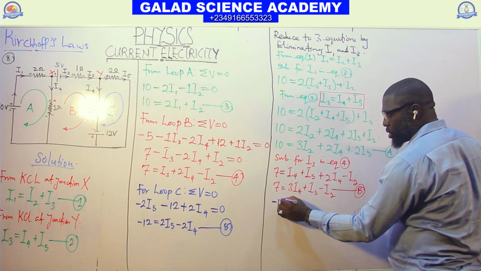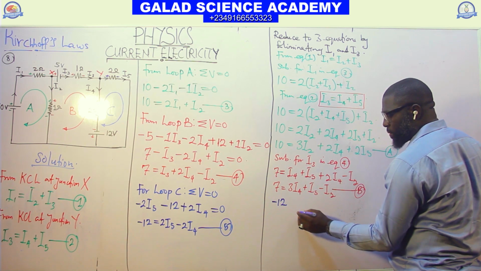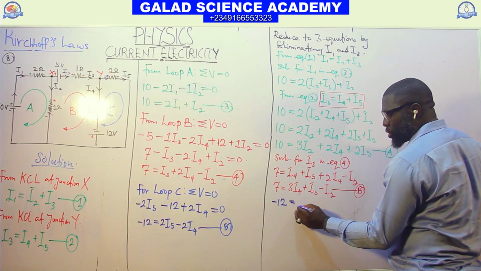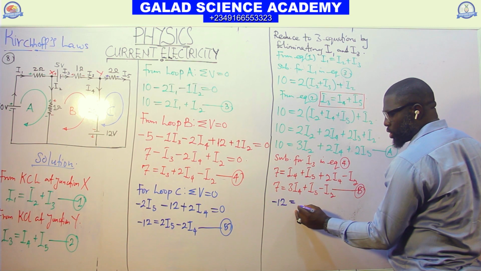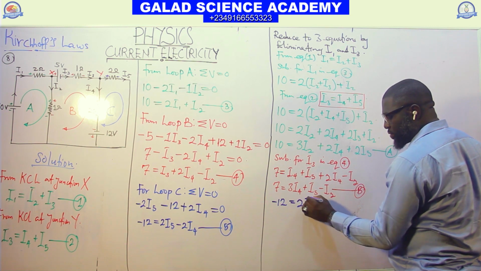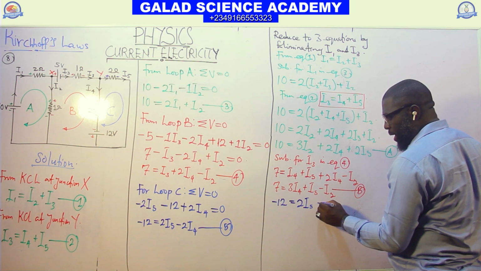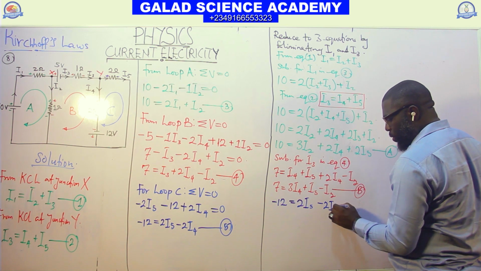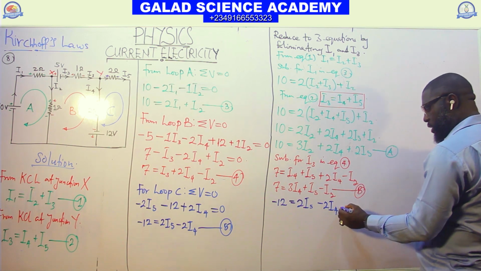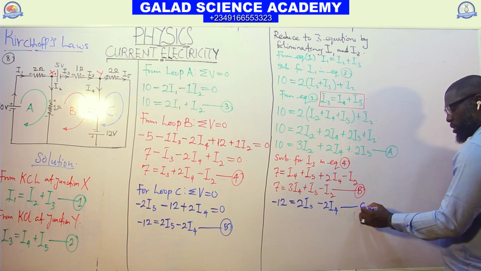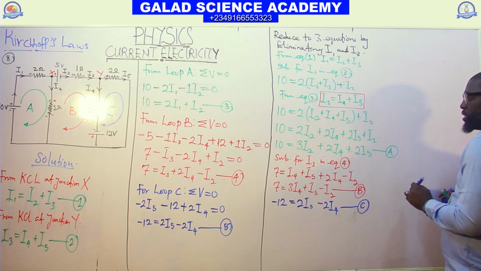Minus 12 equal to 2I5 minus 2I4. This expression serves as our new equation C.